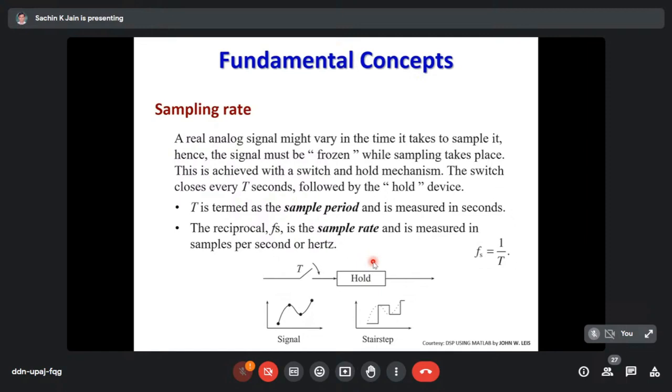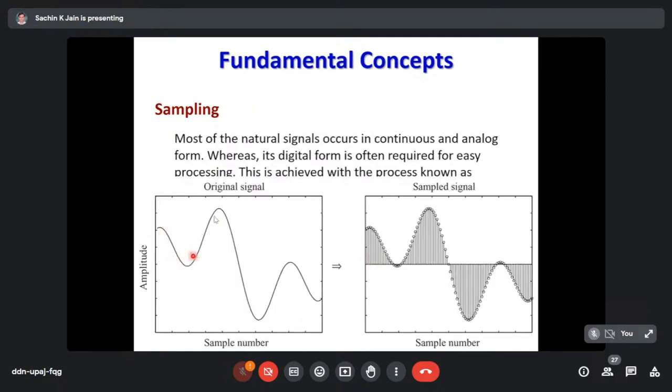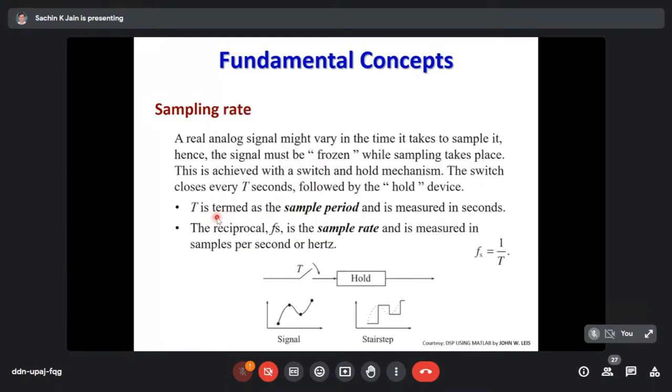Actually, as we have seen in the previous slide, this signal is changing continuously. And in the time while we are sampling it, it might change. So the real physical process, how we sample it, is done through a sample and hold circuit. While we are sampling, it is like a switch. We just close it and we store that value in a memory, in a flip-flop, so that value is kept on hold until some new value is acquired.